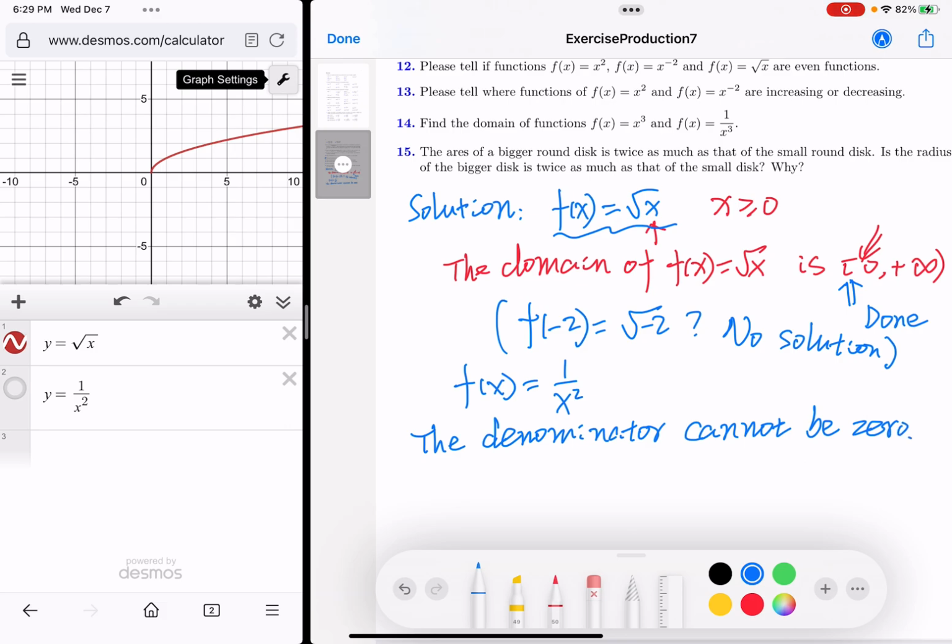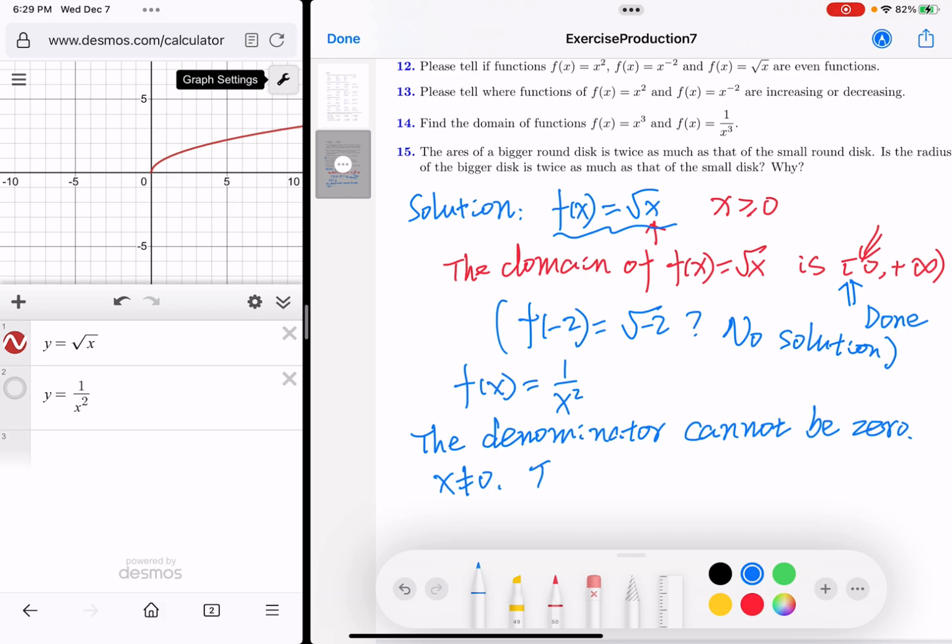Because if we plug in 0 here, we have no answer. So the denominator cannot be 0. Okay. So this then tells us x cannot be 0.